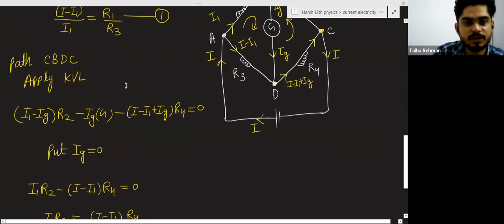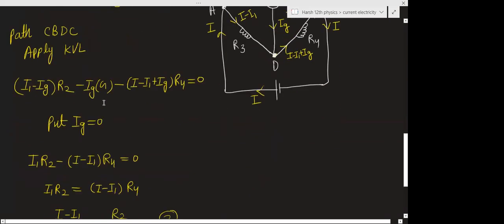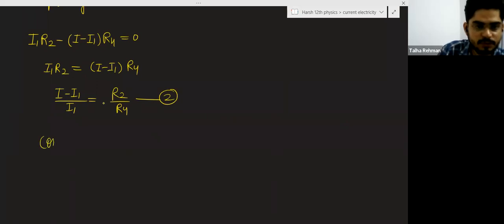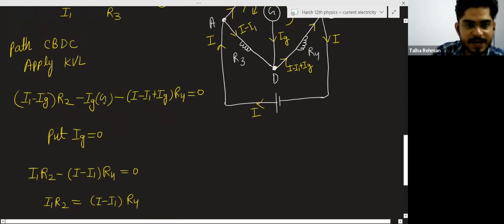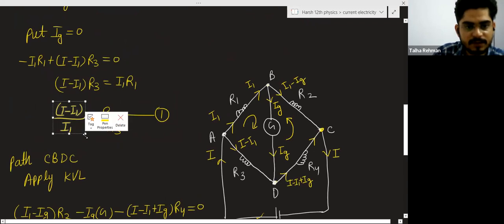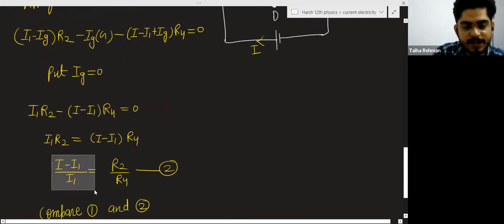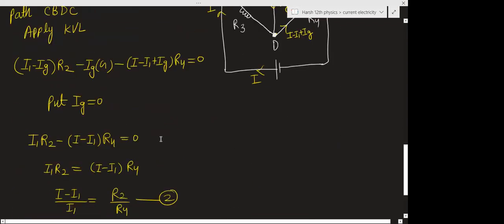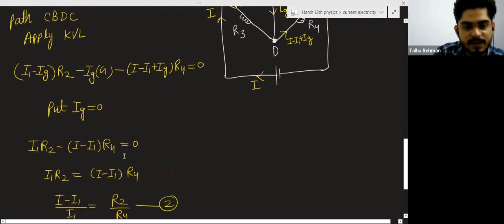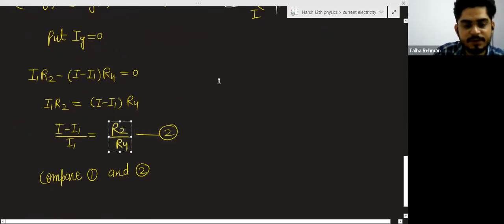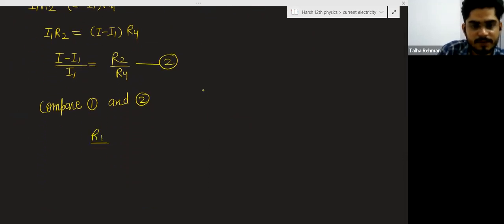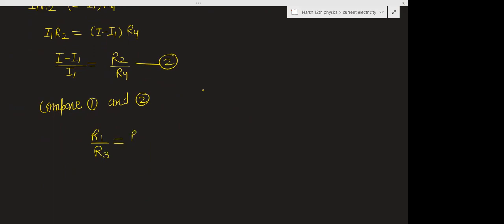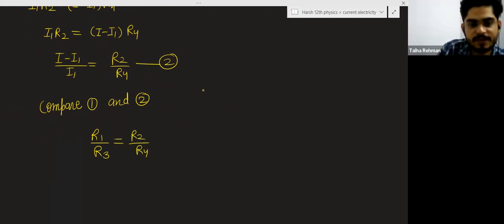Now compare equation 1 and equation 2. When you compare, you will find that this thing and this thing both are equal. So if these are equal, then R1 by R3 is equal to R2 by R4, and we can modify this.